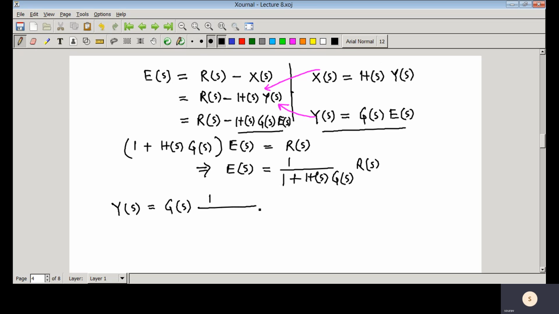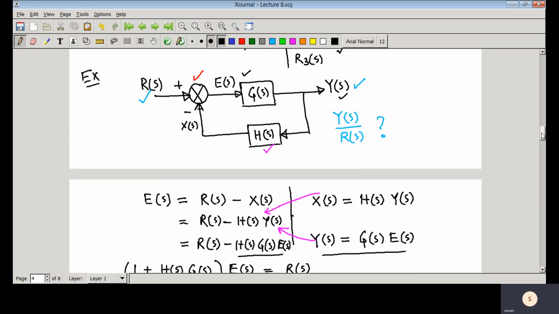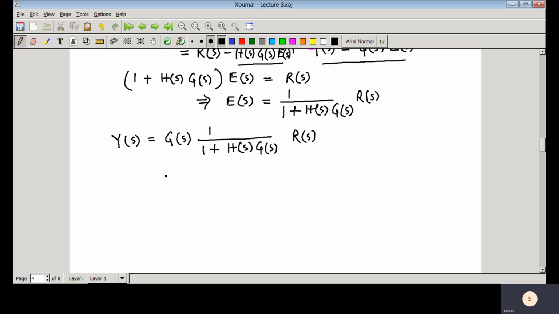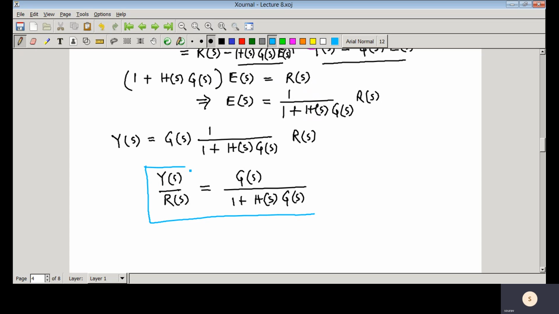So that is 1 by 1 plus H(s) G(s) into R(s). So what was our objective? Our objective was to find Y(s) by R(s). So Y(s) by R(s) equals G(s) by 1 plus H(s) G(s). So this is the transfer function from reference command R(s) to Y(s).